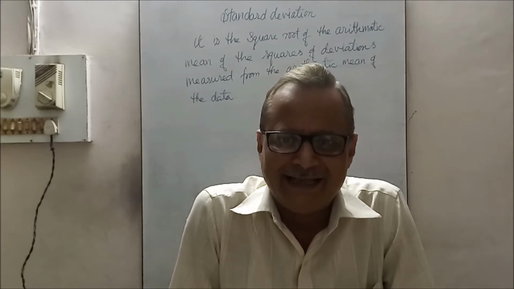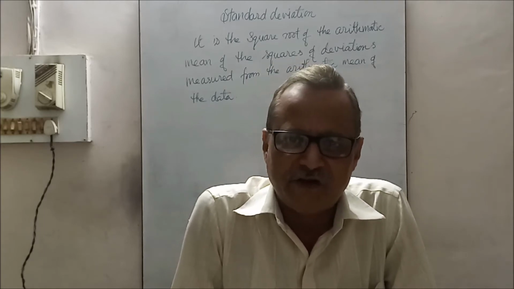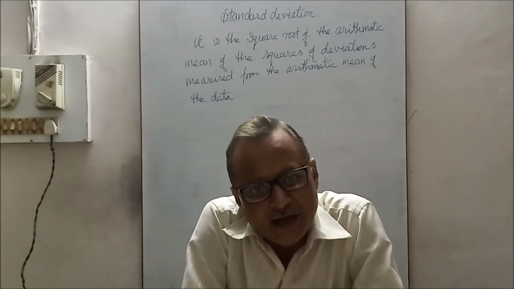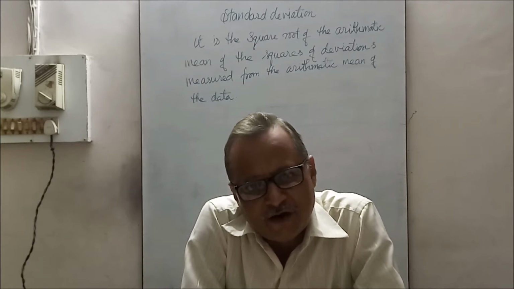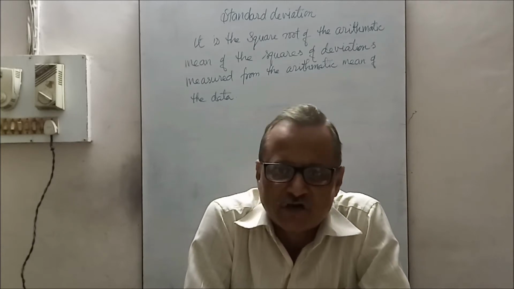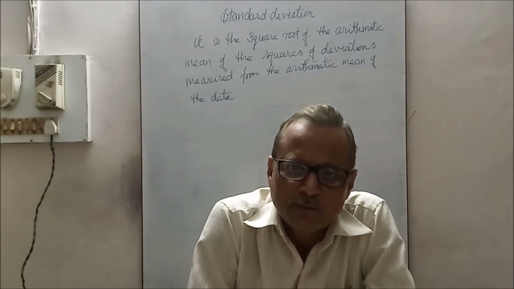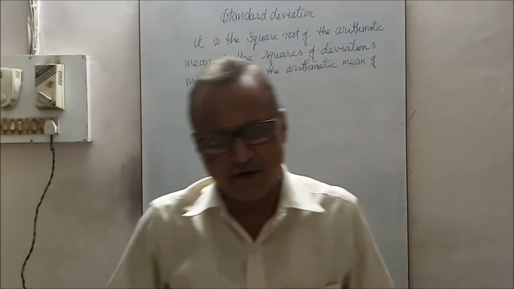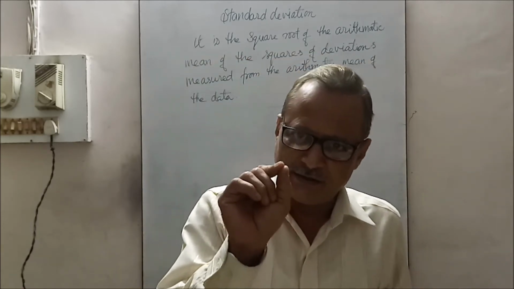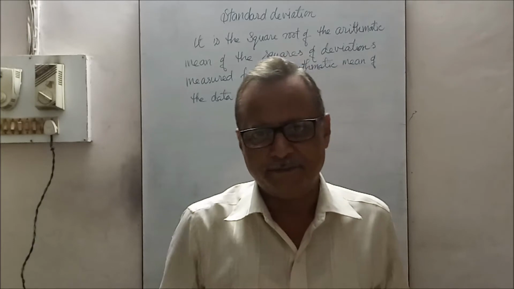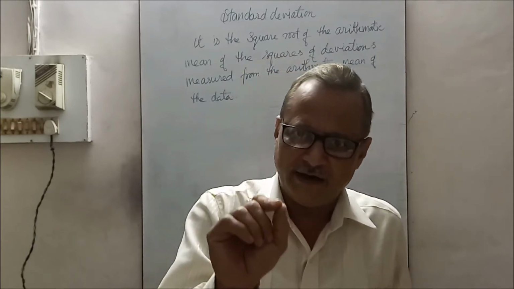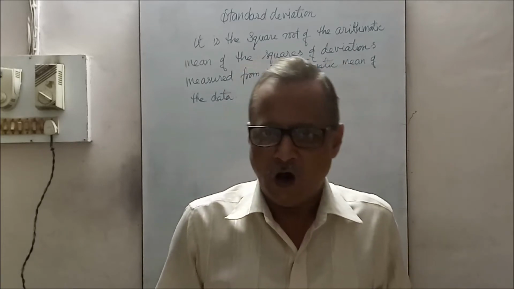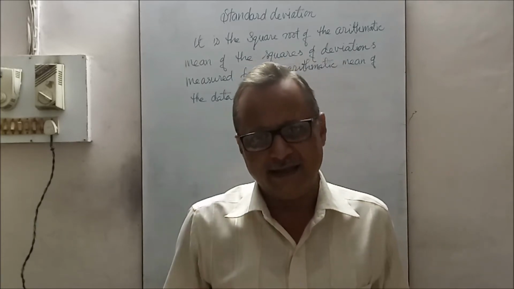I mean, it is the average of the deviations from the average. First of all, we have to find the average, that is called the arithmetic mean. So, to find the dispersion by using the standard deviation measure, first of all we have to use the arithmetic mean, or the average, of the data or series given.